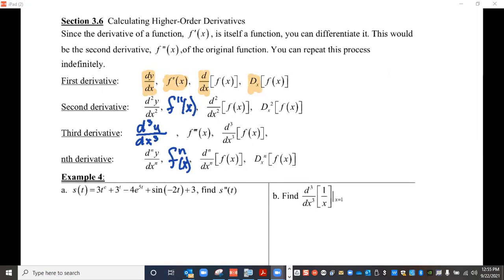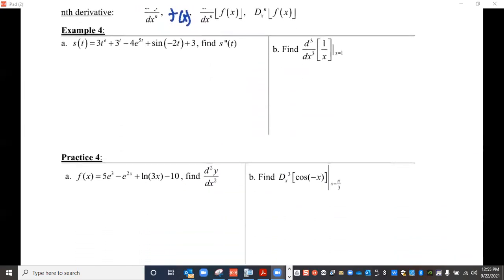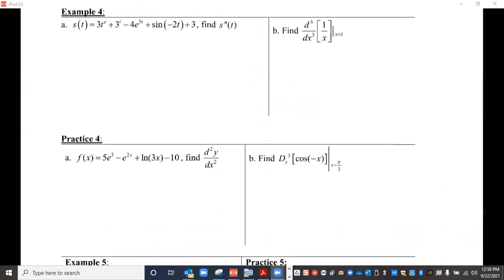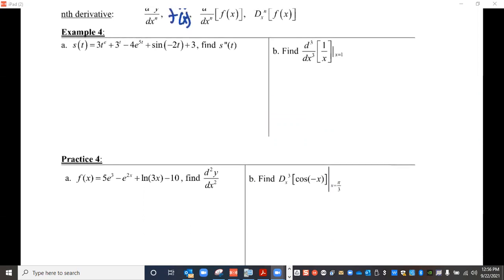So let's take a look, because I want to definitely do the calculator question with you. So let's take a look at example B. Which derivative are they asking me to find in letter B? Third. You can't get to the third derivative without getting to the second derivative. You can't get to the second derivative without finding the first derivative. So you've got to just start with the first derivative and progress sequentially.